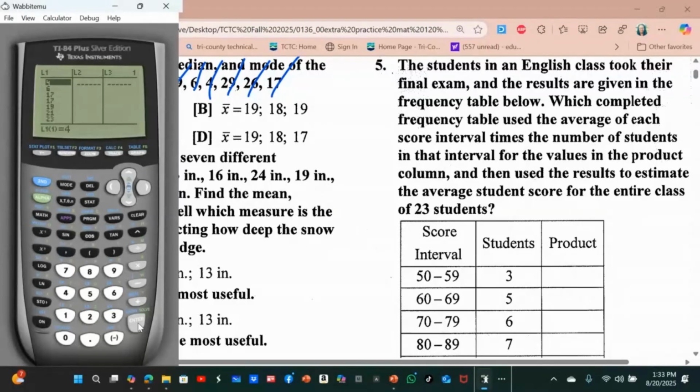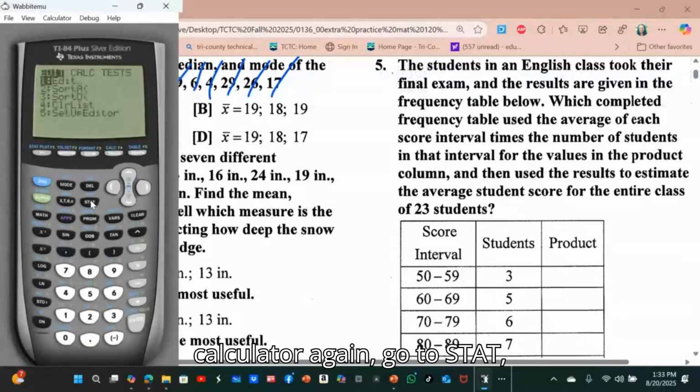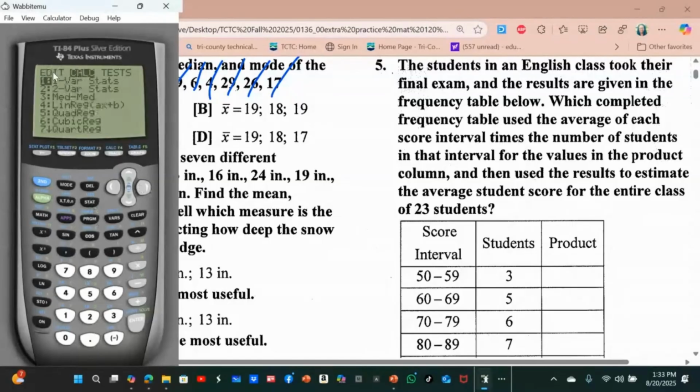Therefore, what I'm going to do now is a one variable stat of the data in L1. So I'm going to tell my calculator again, go to STAT, arrow to CALC, select number 1. Number 1 says one variable stat.